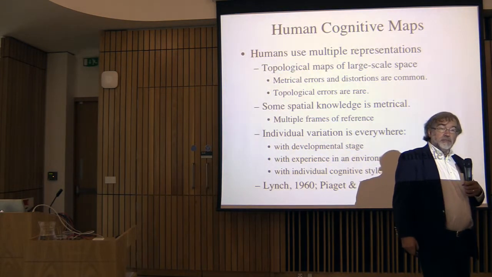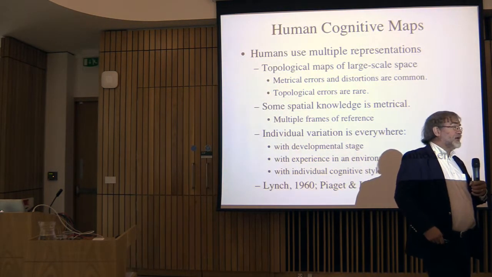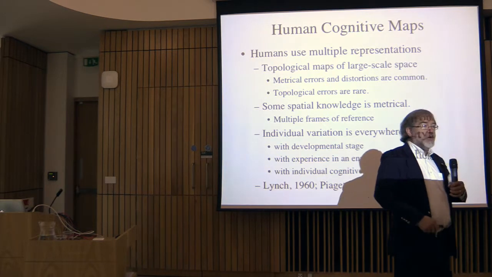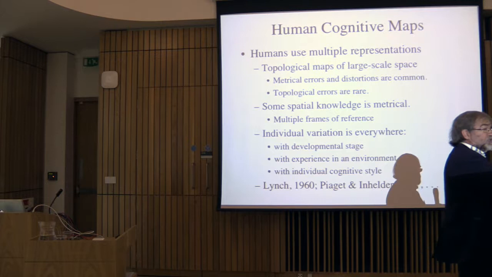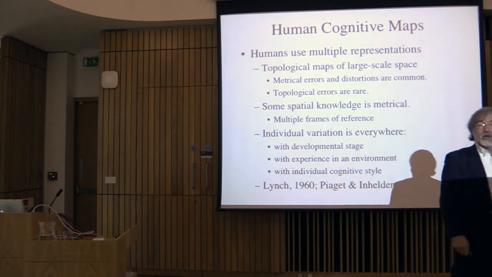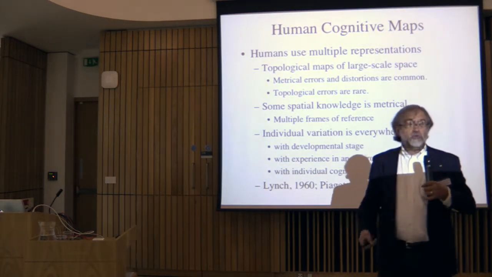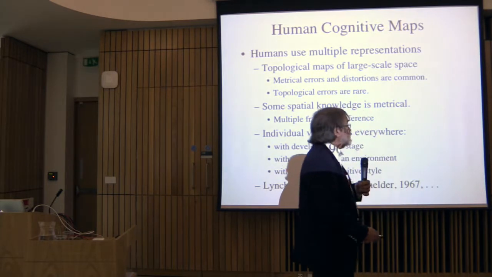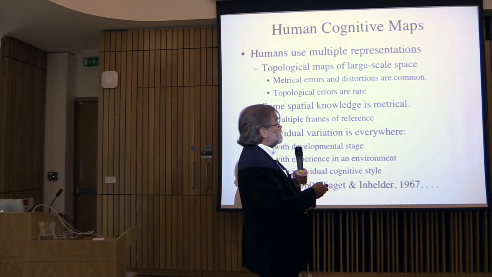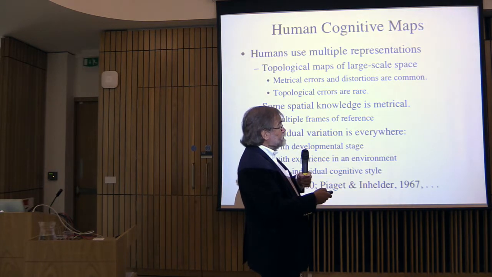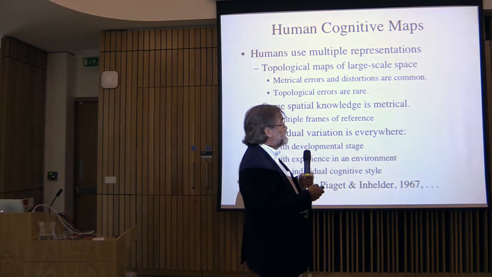Now, in fact, some people don't even have a real topological map. They just know when I see a particular landmark or something, then here's the decision I take. But some people do build metrical maps. So a particularly interesting thing is people have topological maps. Some people have metrical maps.